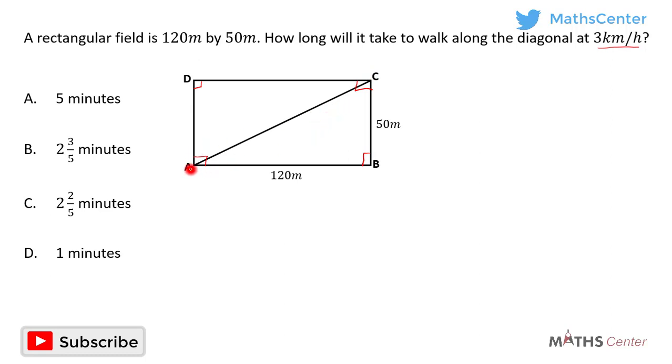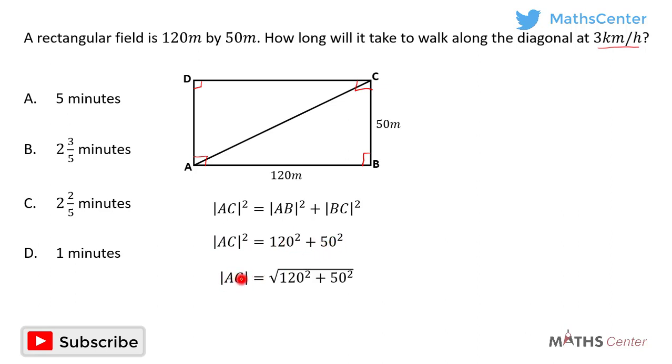We have the length of AB and the length of BC. So we can use the Pythagoras theorem to find the length of AC. When we apply the Pythagoras theorem here, we will have AC squared is equal to AB squared plus BC squared. AB is 120 meters. BC is 50 meters, so you have AC squared is equal to 120 squared plus 50 squared.